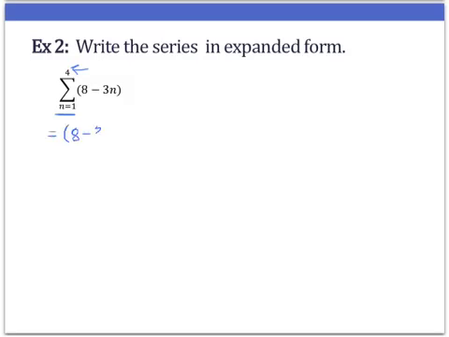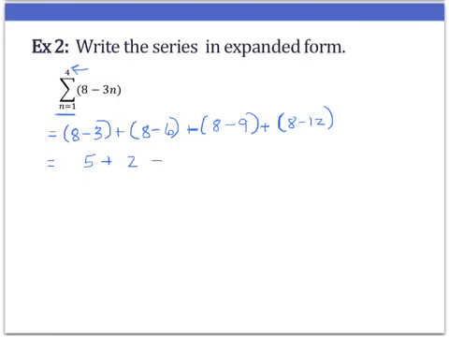So 8 minus 3 plus 8 minus 3 times 2, so that's 6. 8 minus 9. 8 minus 12, and then we end because it only asks for 4 terms. So we have 5 plus 2 minus 1 minus 4. And as you can see again, this is an arithmetic series. It has a common difference of -3, and this would be our answer.